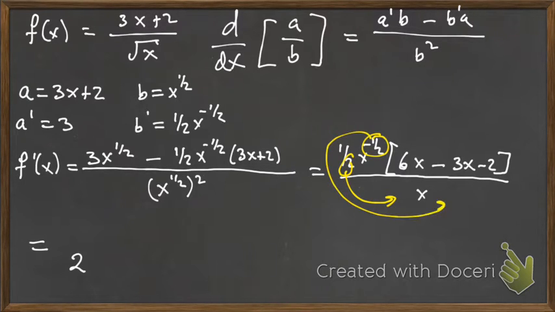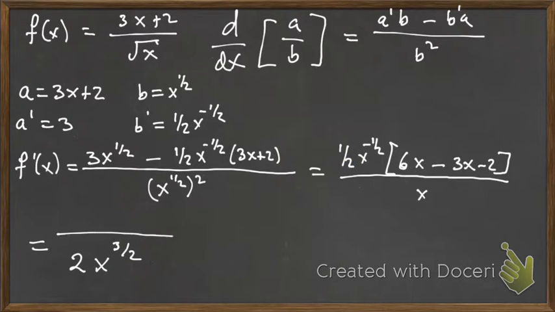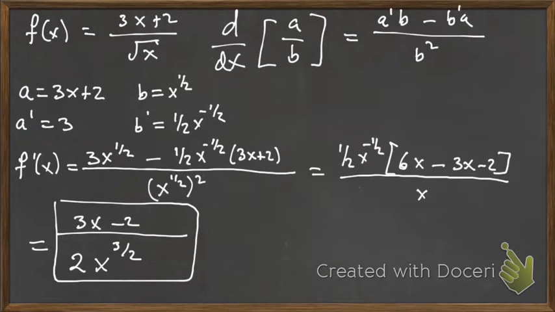This will also move down, but when it moves down it becomes positive, so it'll be x to the 1 plus 1/2, which is 1 1/2, or also known as 3/2. Okay, so that's going to come on down. So let's get all that stuff out of the way. Alright, so 2x to the 3/2 on the bottom, and then we have 3x minus 2 on the numerator, and that is it.